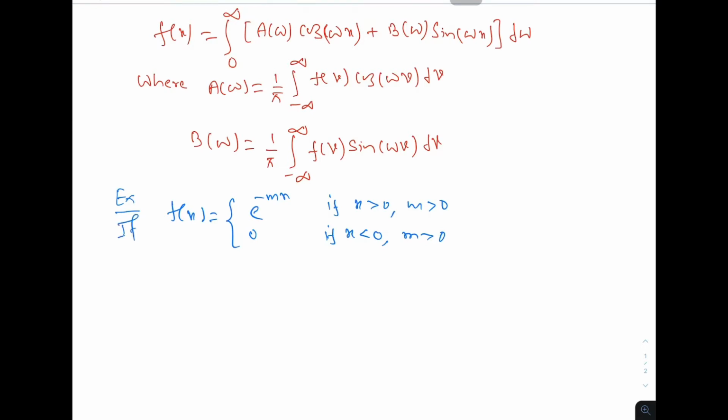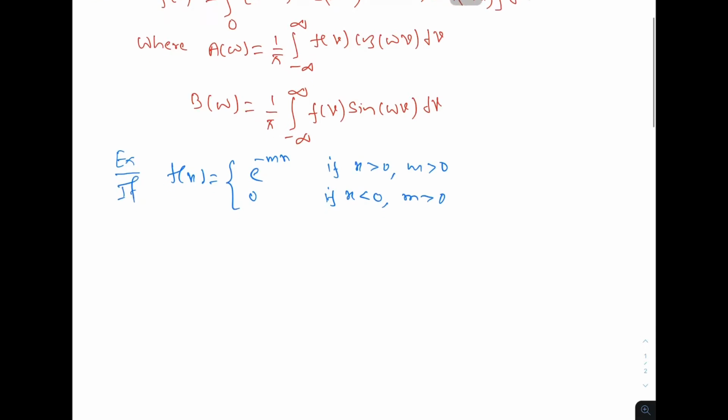So if f(x) is equal to this, then find the Fourier integral representation of f(x).